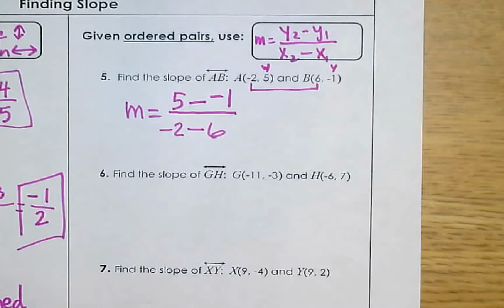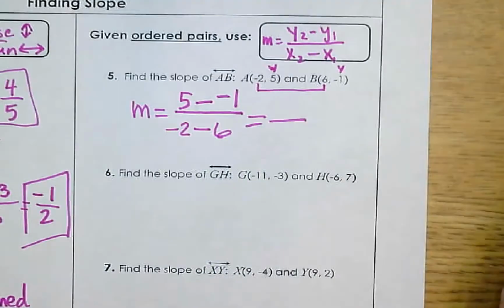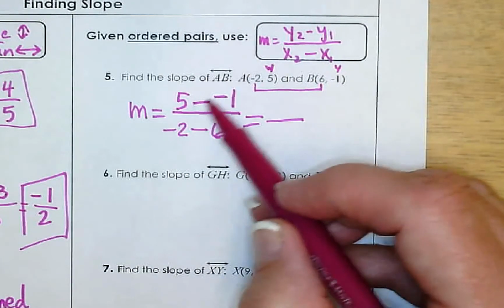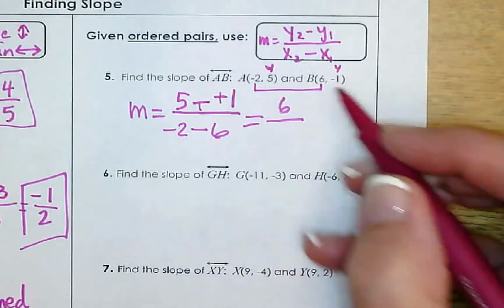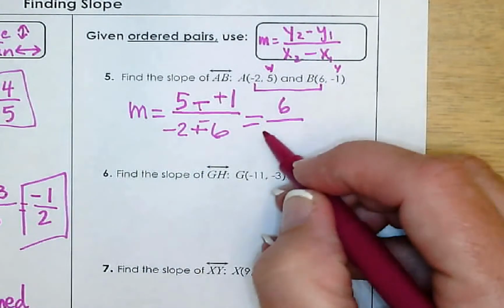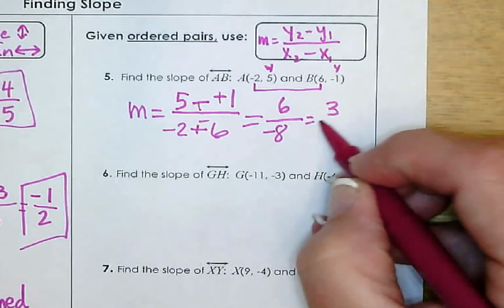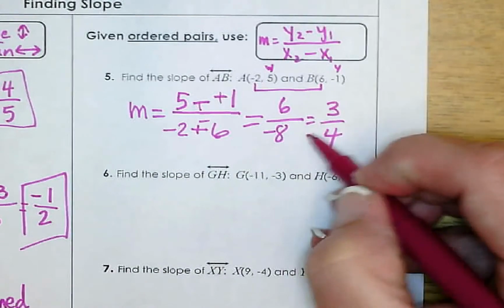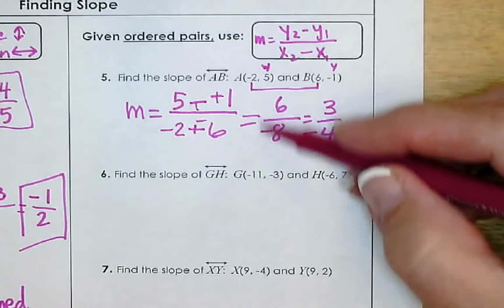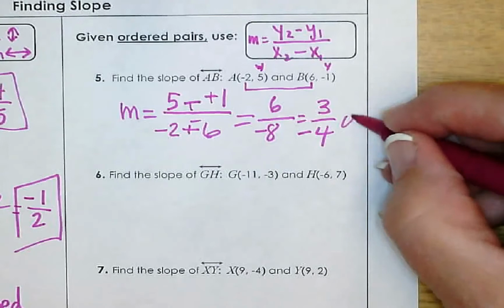It helps them keep track of which ones go together. All right, just got to be careful with your positive and negative signs. So 5 minus -1 is 6. -2 minus 6 is -8. Simplified is 3/4 negative. Now, that negative, if there's just one of them, can be with the 4, or it can be with the 3.